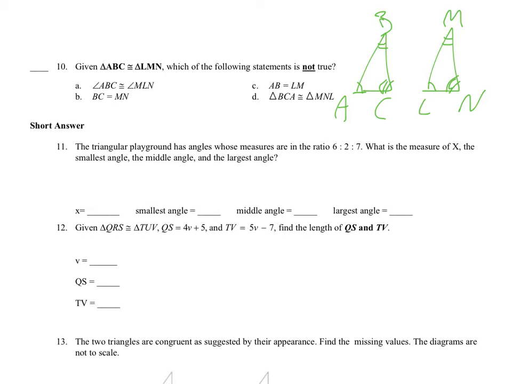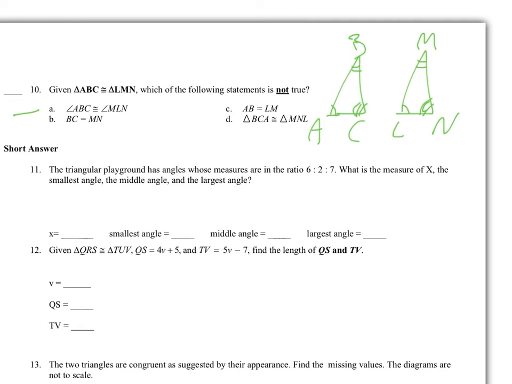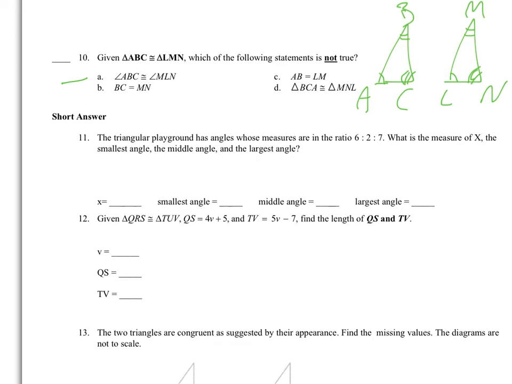Looking at choice A, A, B, C and M, L, N. A, B, C, we're talking about this angle right here. And L, M, N would be talking about this angle. Now remember, we're looking for what's not true. So that would be incorrect.